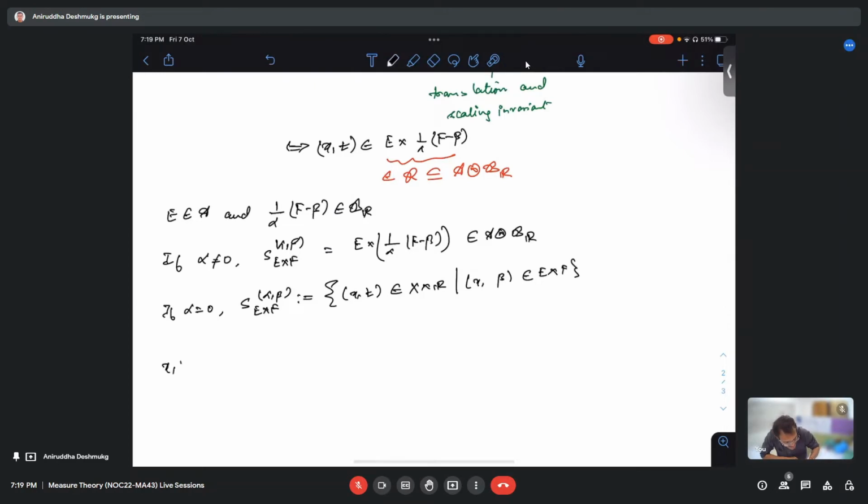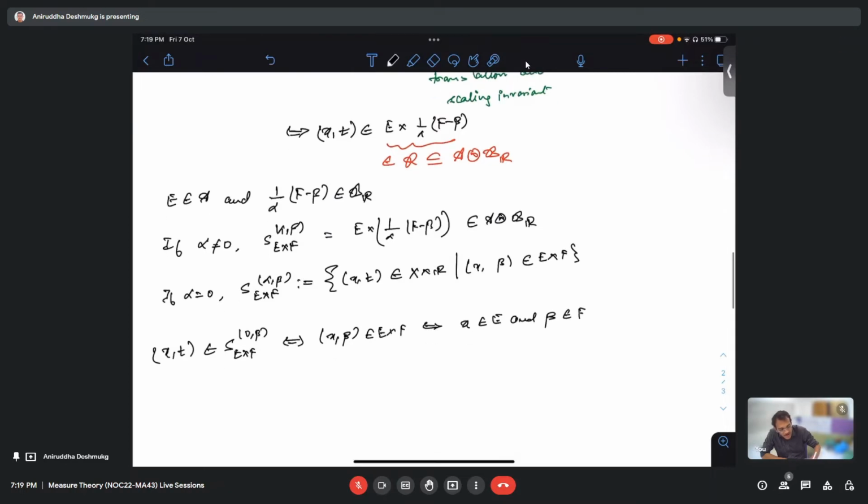Suppose we start with x, t inside S of E cross F, 0 comma beta. Then this is the same as saying x comma beta is inside E cross F, which is the same as saying x is in E and beta is in F. So the only two possibilities for S of E cross F, 0, beta are E cross the whole of R whenever beta is inside F, and empty when beta is not inside F.